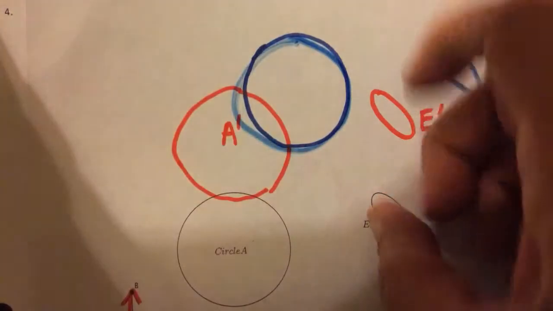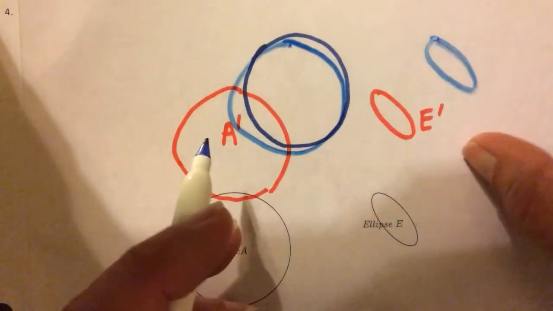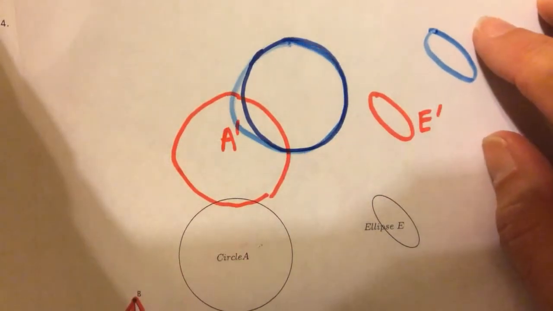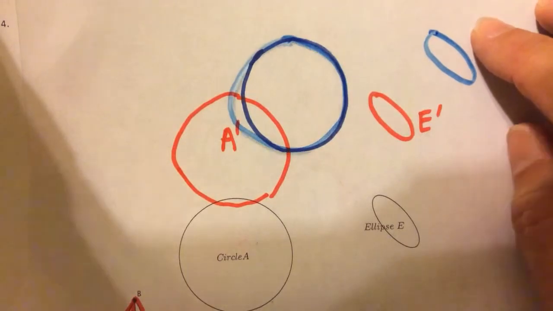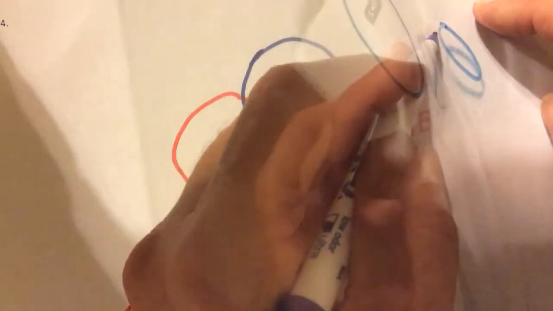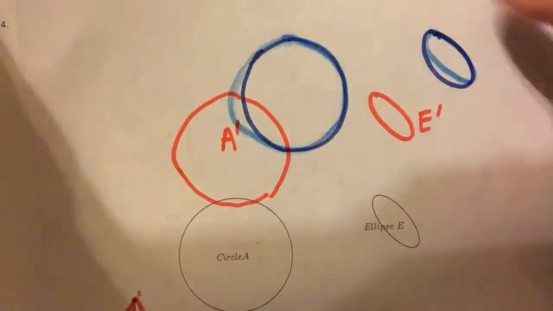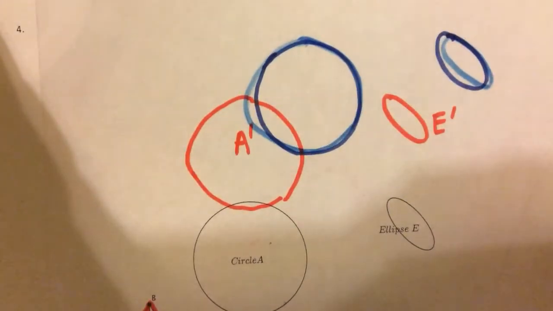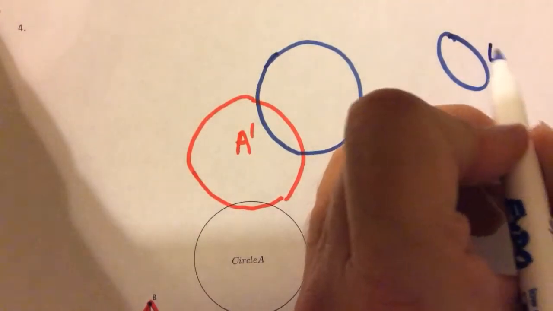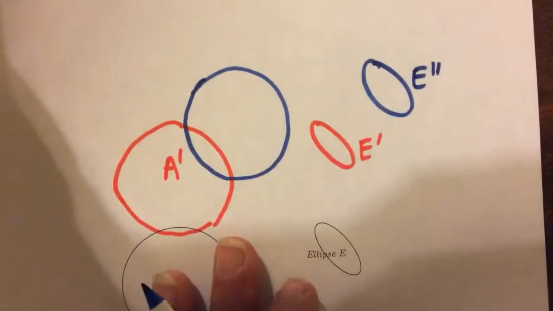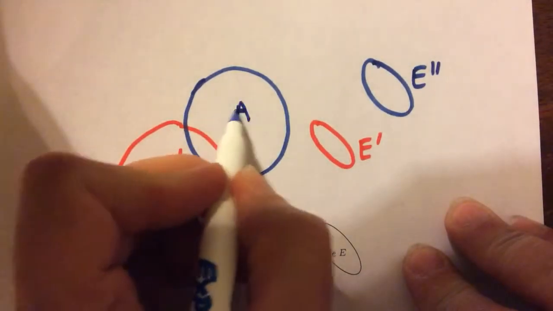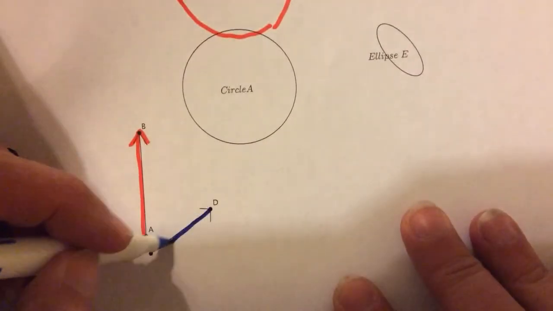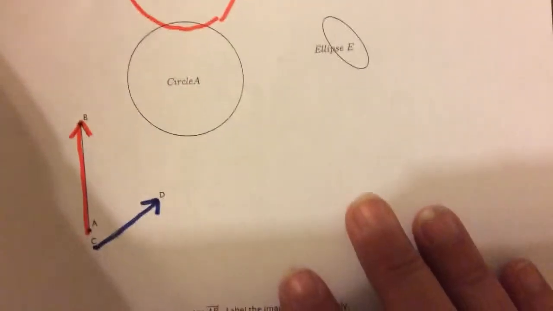Something like that. And my ellipse is over here. Right up here somewhere. Okay, pretty close. Okay, so this would be E double prime on that, and this is A double prime for this circle. And let's go ahead and make this vector blue like so.